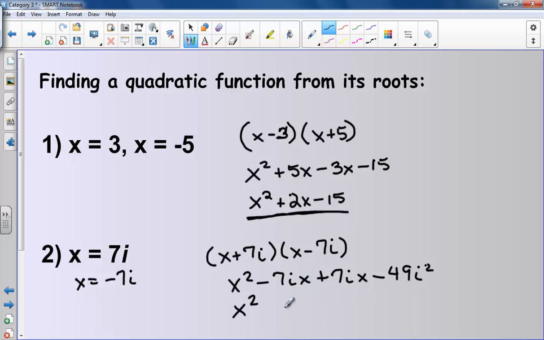And I'm left with minus 49i squared. So here's another thing to remember. i squared equals -1. So that is actually a negative 49 times a -1, which makes this a positive 49. And so then that should be my original quadratic function. So that's what they want you to be able to do in that standard.